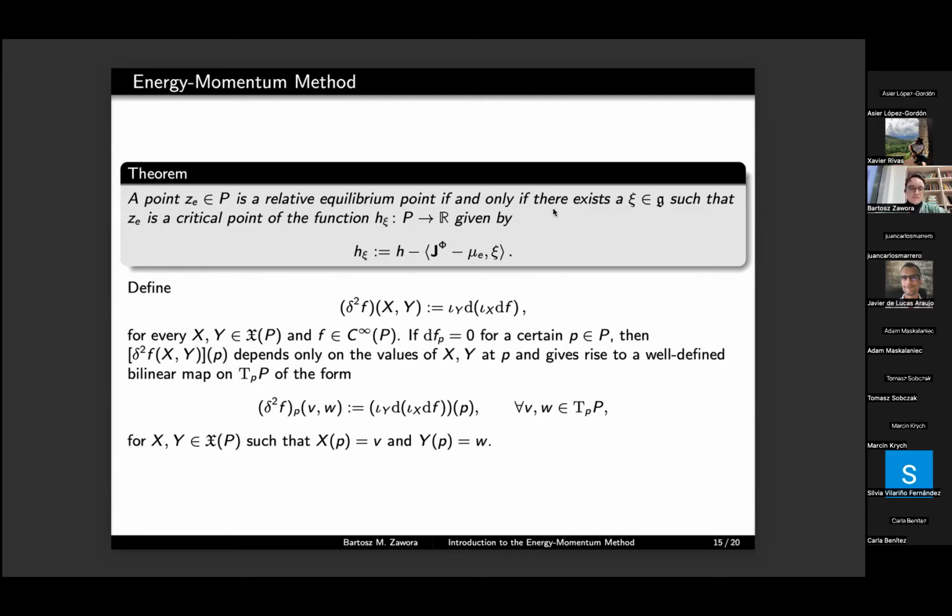So the main advantage, once again, is that we don't have to compute the reduced Hamiltonian system.